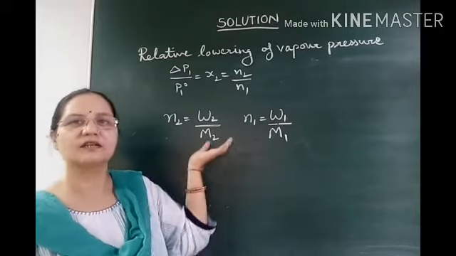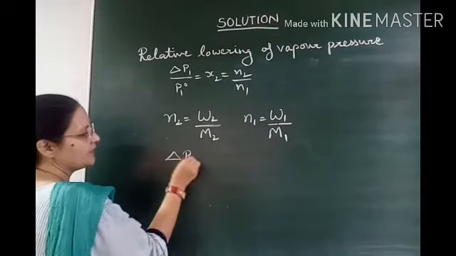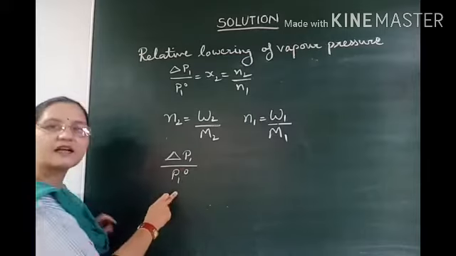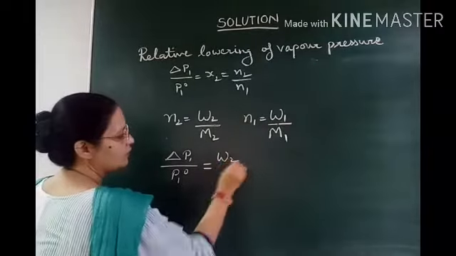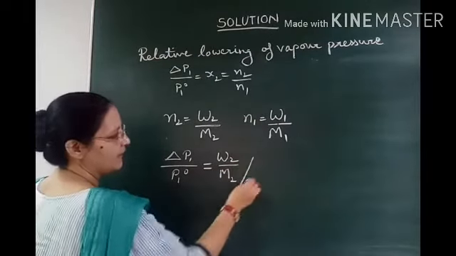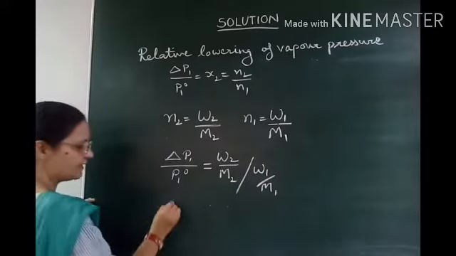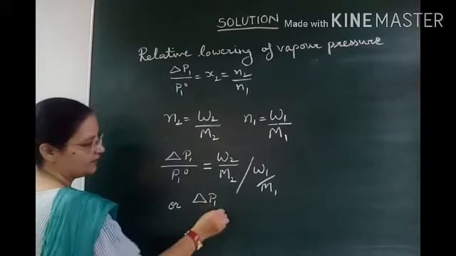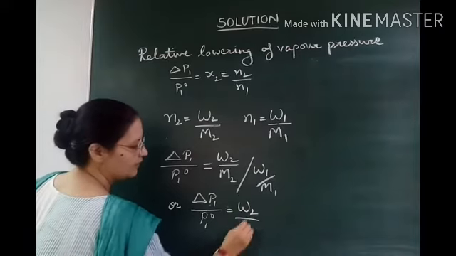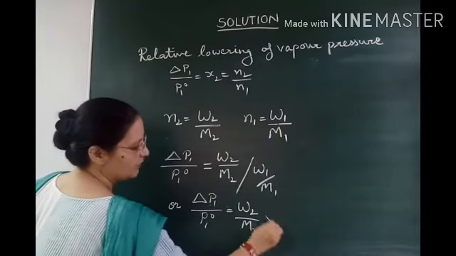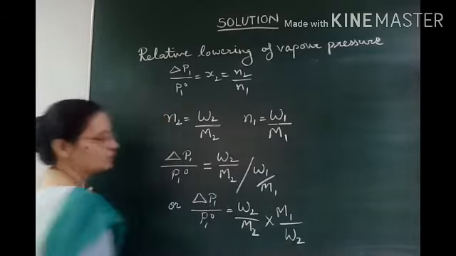We can also put the same values in the above equation to get delta P1 upon P1 naught, that is the relative lowering of vapor pressure, equal to W2 upon M2 divided by W1 upon M1, or we can say delta P1 upon P1 naught is equal to W2 upon M2 multiplied by M1 upon W1.